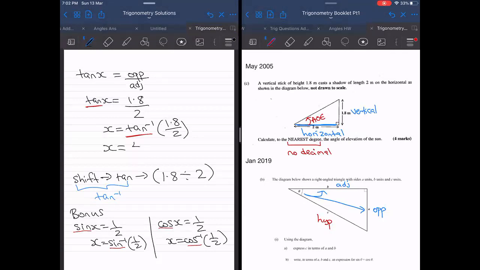And what we should be getting is 41.987. But of course, I said to the nearest degree, so we'll soon talk about that. So everybody try to get that in your calculator. Guys, do not wait until the day of the exam to figure out how your calculator works. Try it from now.